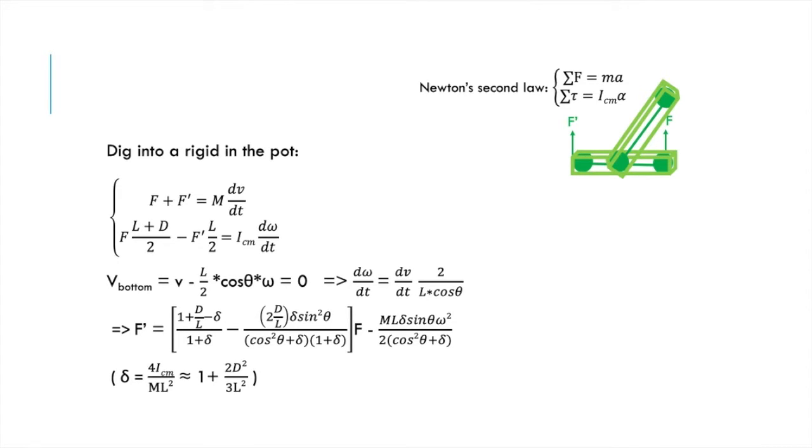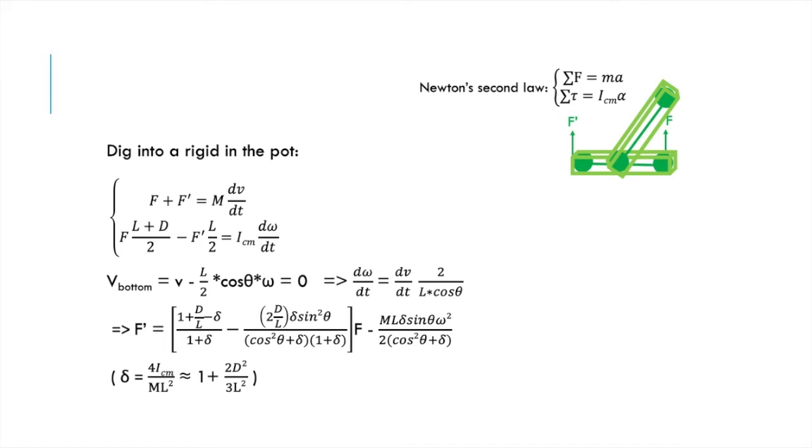Now we zoom in to analyze F1 and F from Newton's second law. We can set these two equations about velocity and angular velocity about the center of mass. And we still have to find the relation between velocity and angular velocity to solve these two equations.